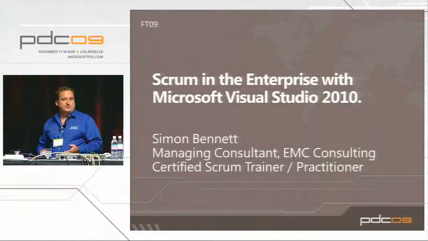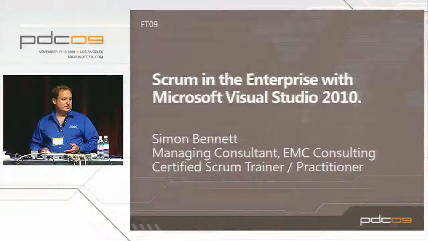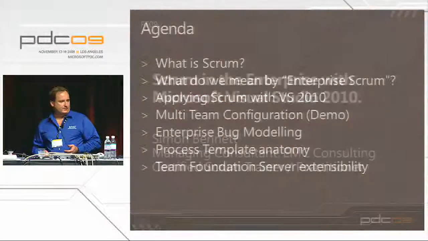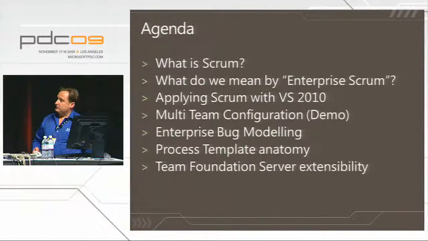I'm going to do the 2-minute Scrum description of how we define Scrum here. Then we're going to talk about what we mean by enterprise Scrum at EMC, and how we do it with Visual Studio 2010.